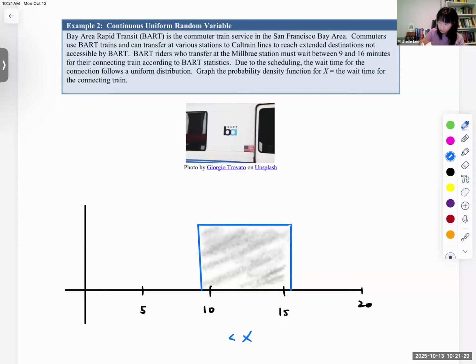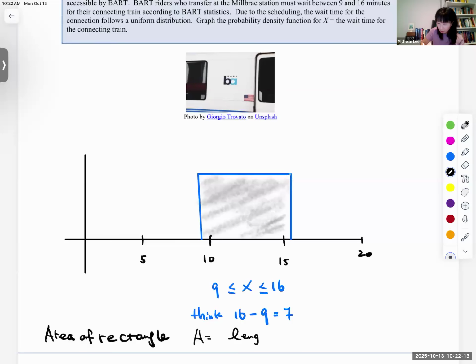So we have A equal to length times width, or we can say length times height. Let's denote it this way, A equals length times height. Then the area, we know, is 1.